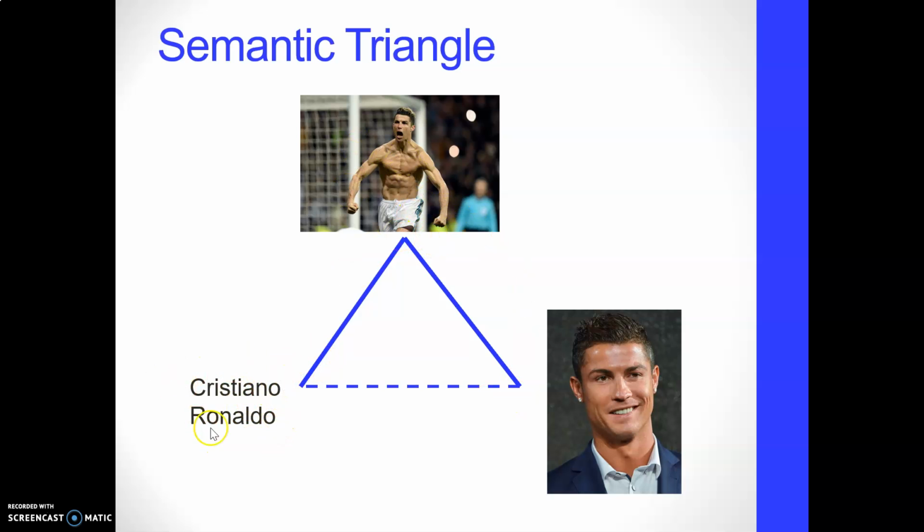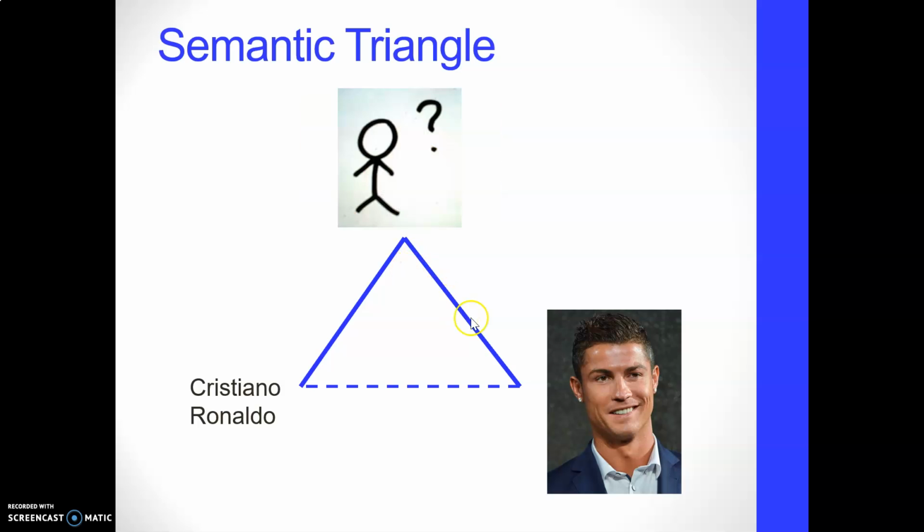The phrase or word we use, we call the symbol. The real object or person in reality, we call the referent. And the thoughts or associations we make in our mind, we call the reference. Of course, for someone like my grandma, when I talk about Cristiano, she will probably have nothing in her mind. She has zero or no reference in her mind.